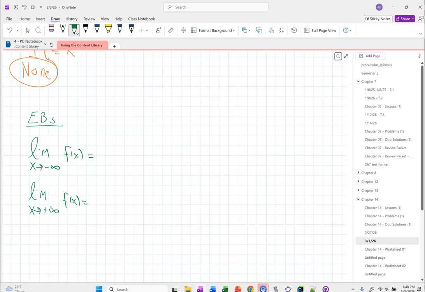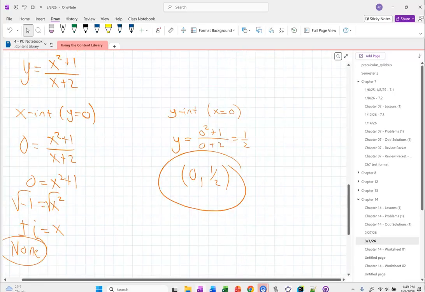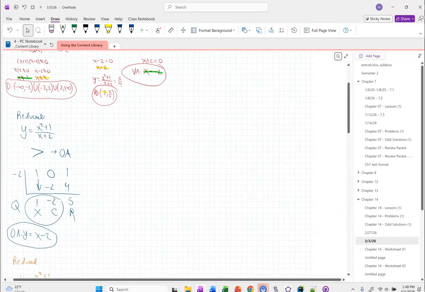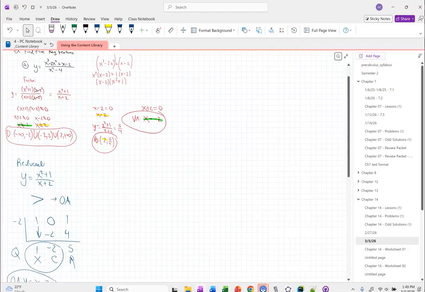Where else am I going to get arrows on my graph? It's also going to happen at the vertical asymptotes. How many vertical asymptotes did I have? Let's go back and look. We had 1 vertical asymptote. How many arrows am I going to get at a vertical asymptote? 2, 1 on each side, right?